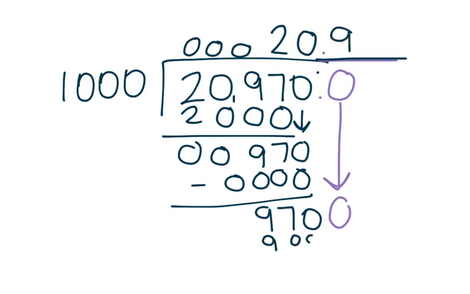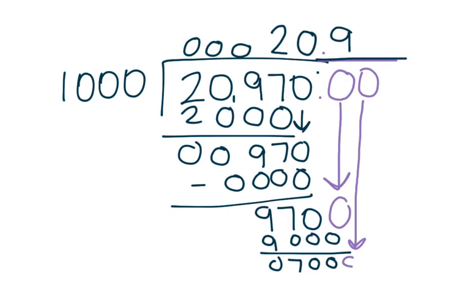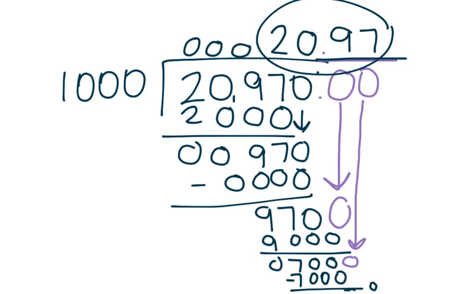That's 9,000. We're going to add another 0. And 1,000 can go into 7,000 7 times with the remainder of 0. So your answer is 20 and 97 hundredths.